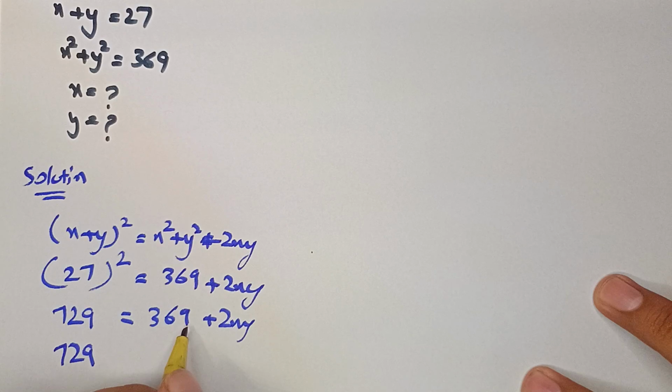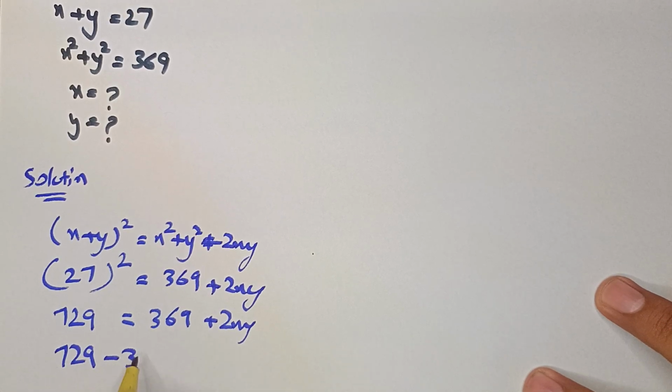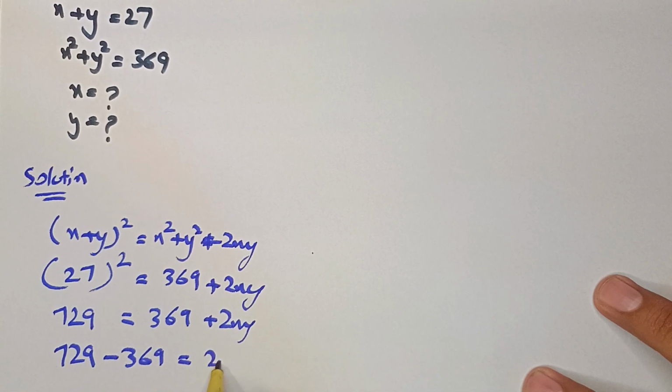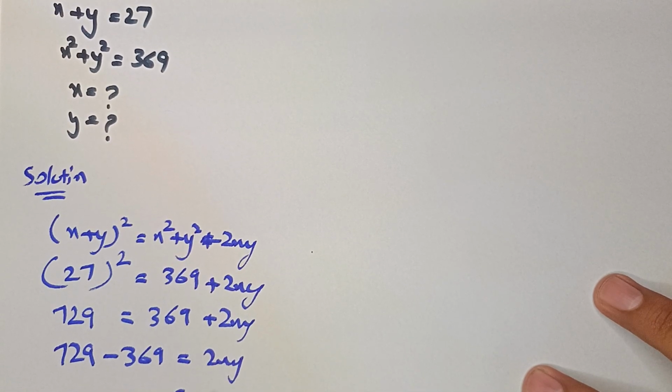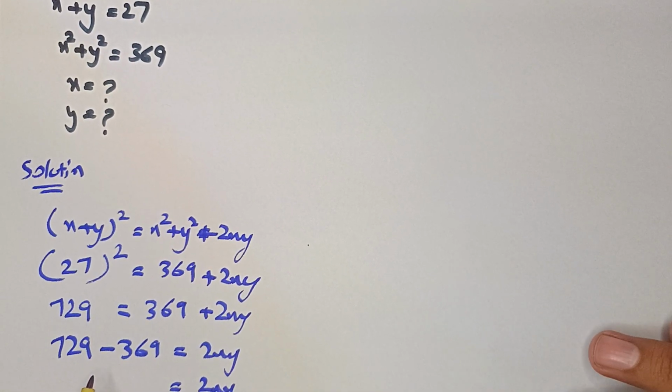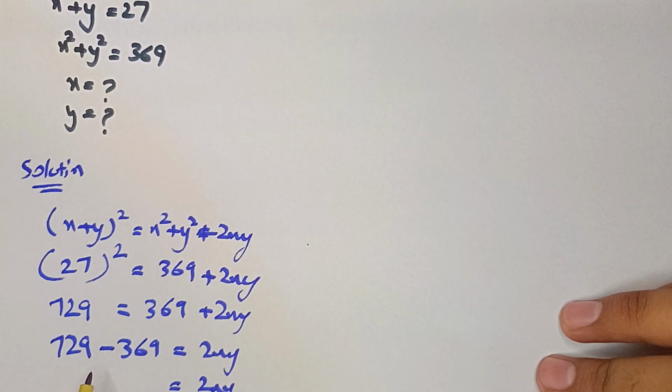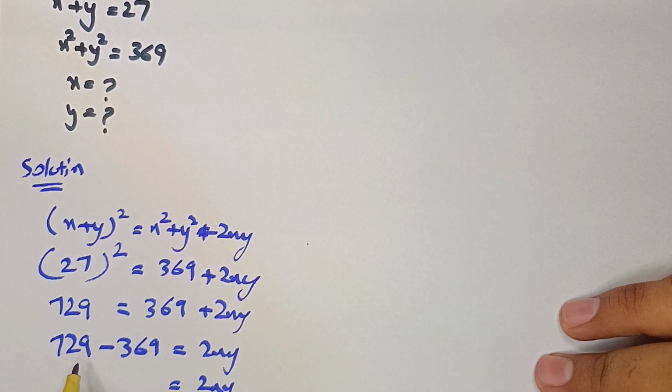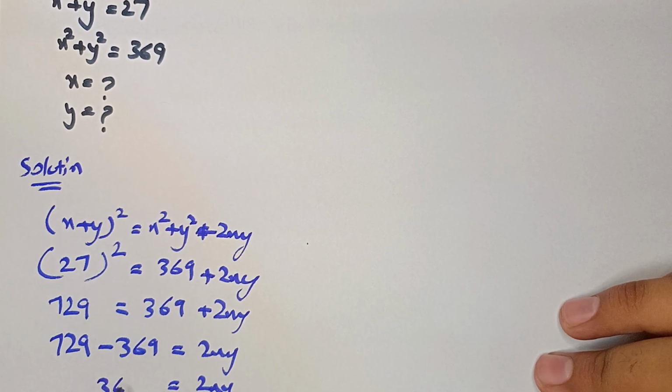729 and 369: we subtract 369 from 729, and 2xy is on the other side. 729 minus 369 is 360.